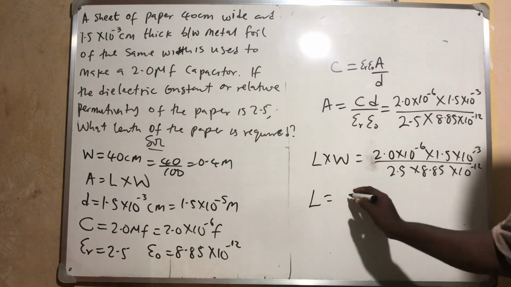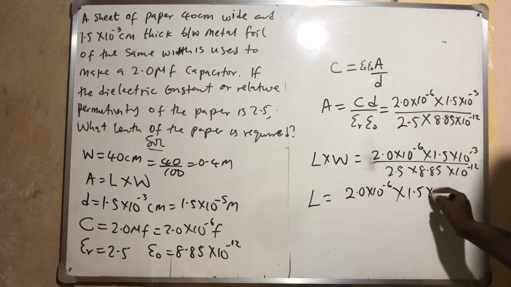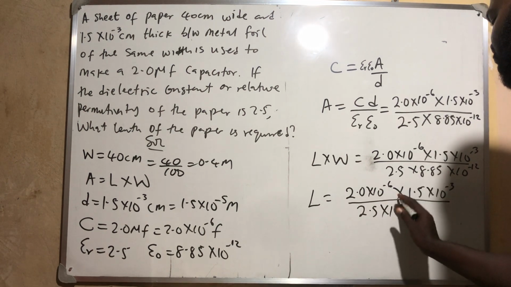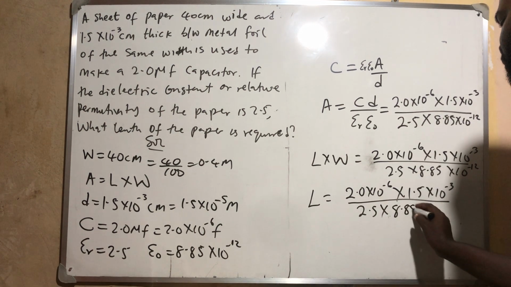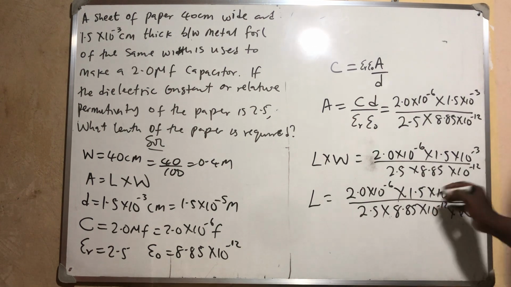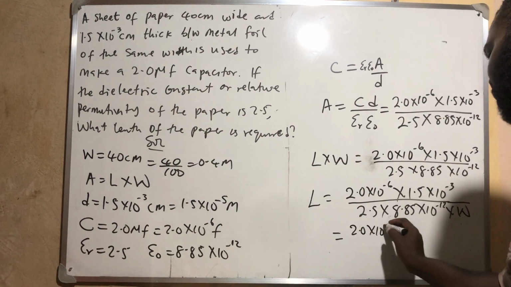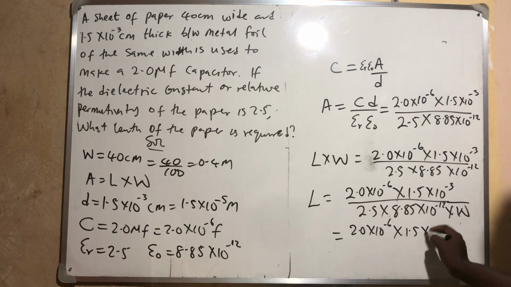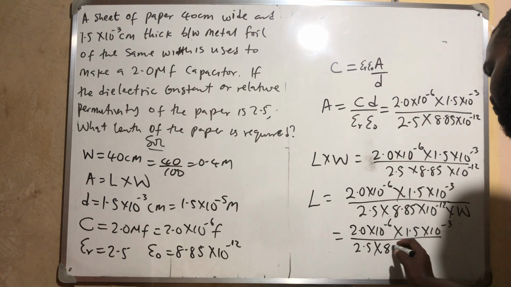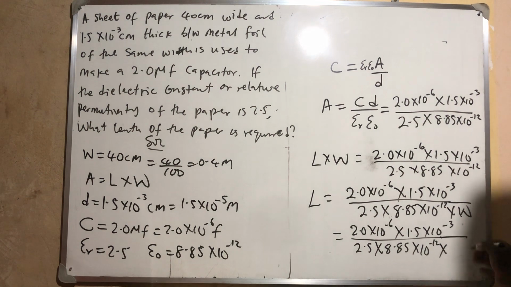Length will now be 2.0 times 10 raised power minus 6 times 1.5 times 10 raised to power minus 3 divided by 2.5 times 8.85 times 10 raised to power minus 12, then times the width.